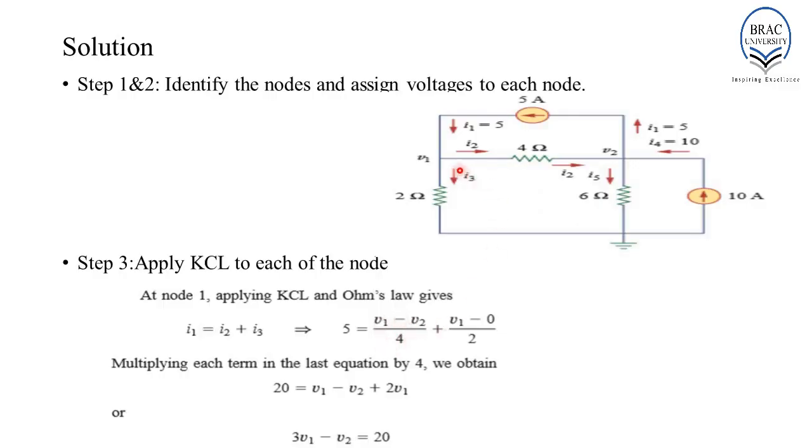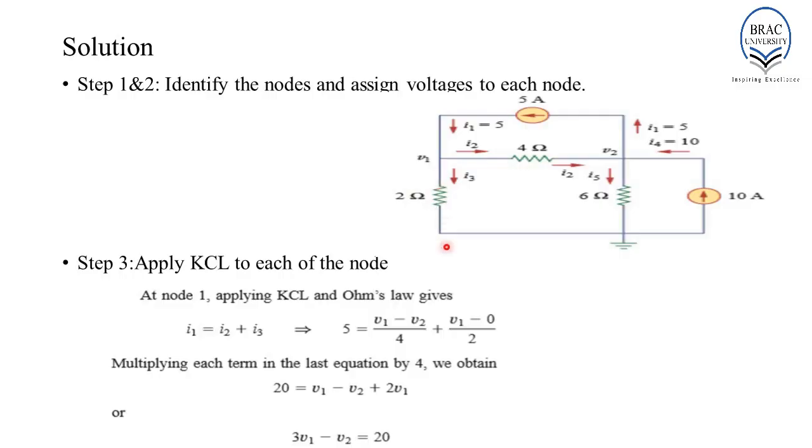I3 is the current flowing through the 2 ohm resistor. Over this point, the voltage is V1, and over this point, the voltage is 0 volt. Therefore, the drop across the 2 ohm resistor is basically V1 minus 0.